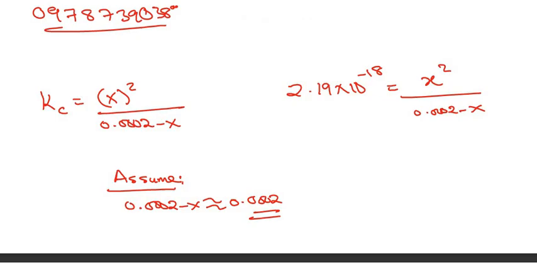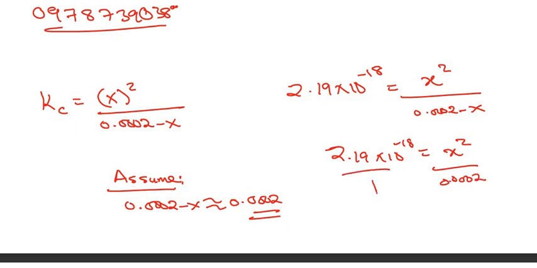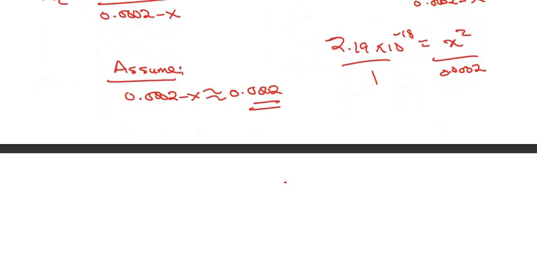So we can assume the change in the concentration of the reactant is negligible, so that 2.19 times 10 to the power negative 18 is equal to x squared over 0.002. We can cross multiply, meaning x squared is equal to 0.002 multiplied by 2.19 times 10 to the power negative 18.